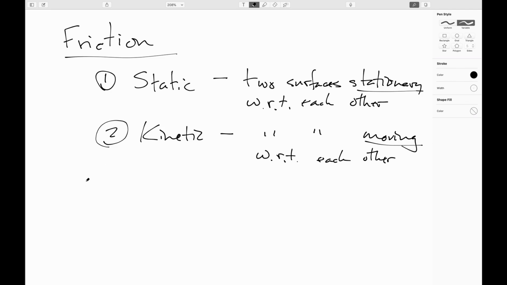There is a third model of friction that sometimes gets brought out. I'm not going to make a big deal of it here, but some books mention it, and I often think it causes more consternation than it's worth. There's rolling friction, which has specifically to do with wheels.